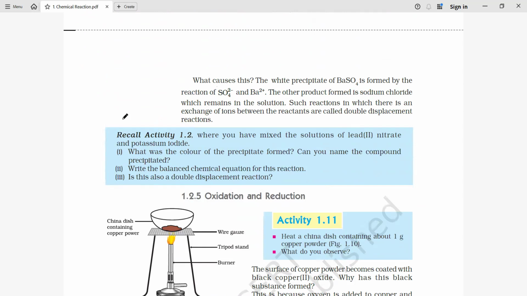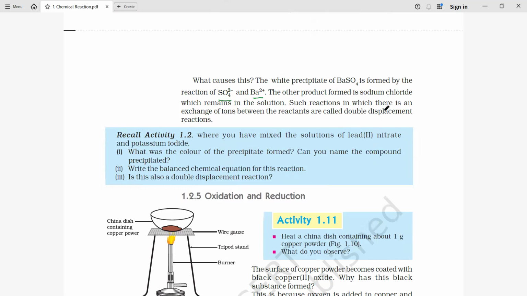This white precipitate of barium sulfate is formed by the reaction of SO4 2 minus and Ba 2 plus. Later we'll see in more detail how we get SO4 2 minus, and why it is not SO4 1 minus. We'll see that in another chapter when we talk about electronic configuration.